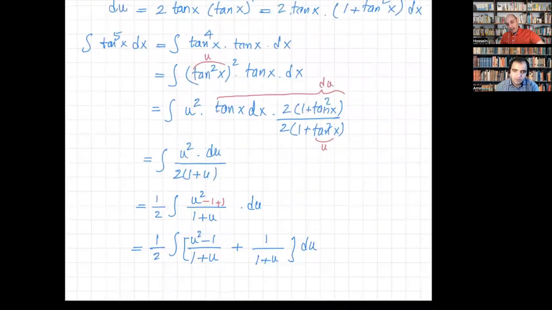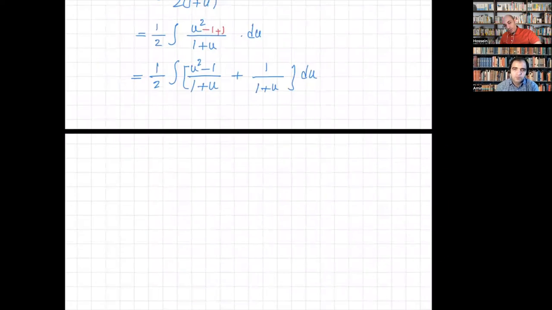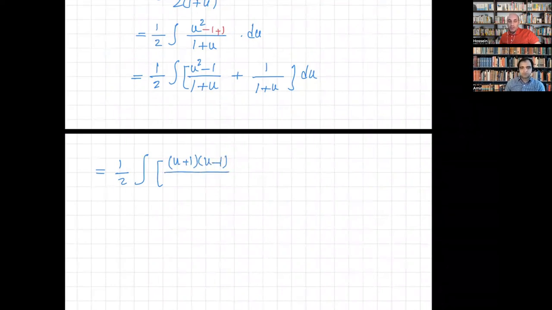Okay. And then let me add a page. I'm going to rewrite that equation. So I have 1/2 integral of, on the numerator, u squared minus 1, which I can rewrite as u plus 1 times u minus 1, a difference of squares, divided by 1 plus u, and then plus 1 divided by 1 plus u, du.